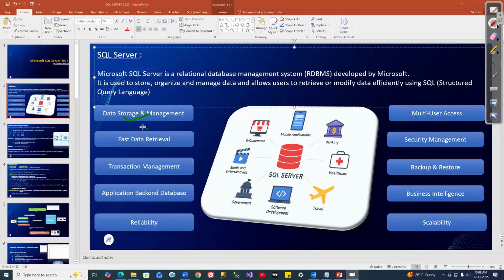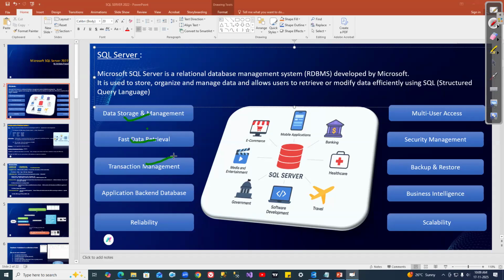It can handle millions or even billions of records easily without slowing down, and also fast data retrieval. Using SQL queries, we can quickly get the exact data we need.